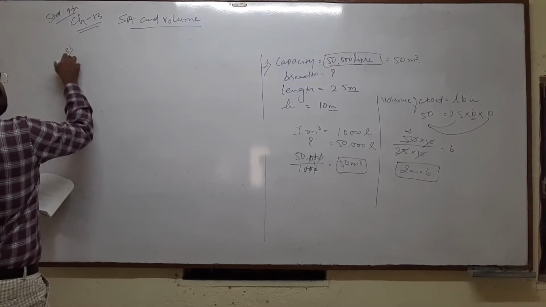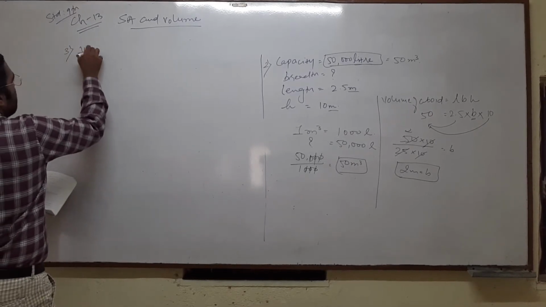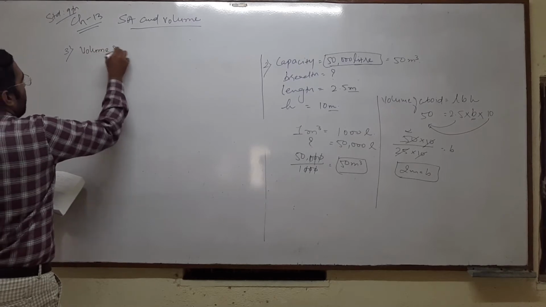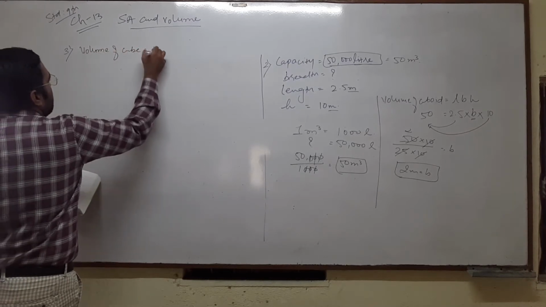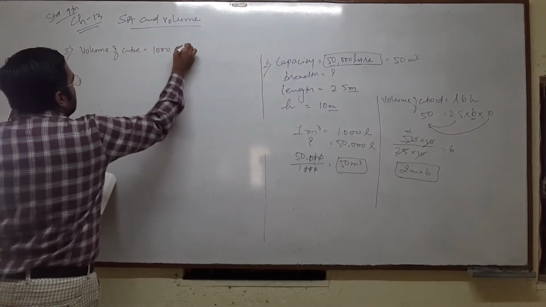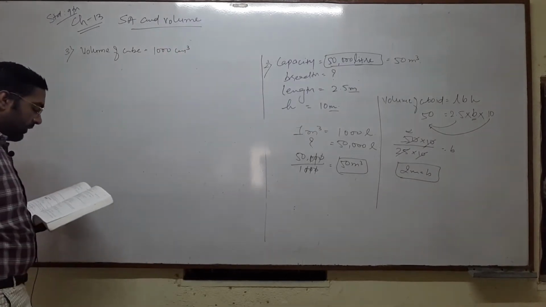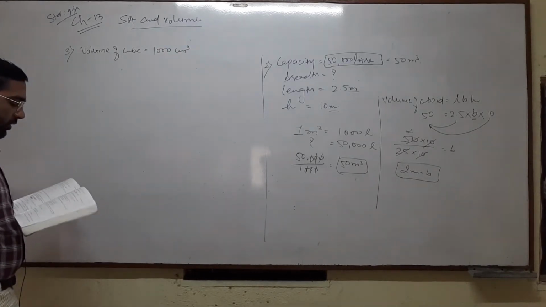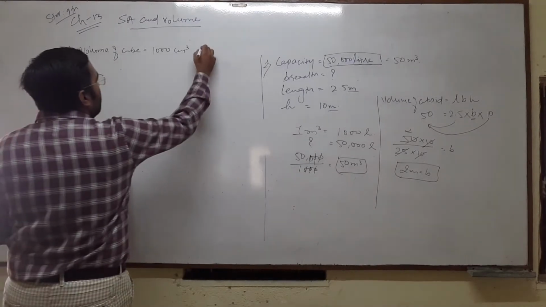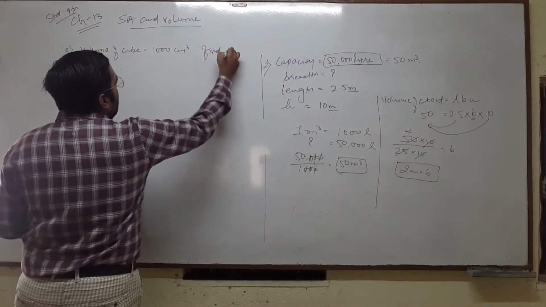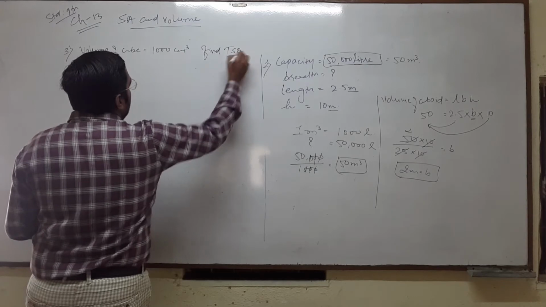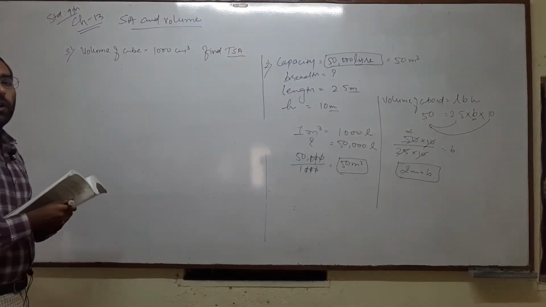My third question is, volume is given, volume of cube is equal to 1000 centimeter cube. Okay, find their total surface area.